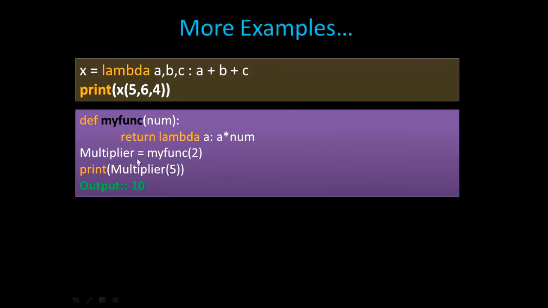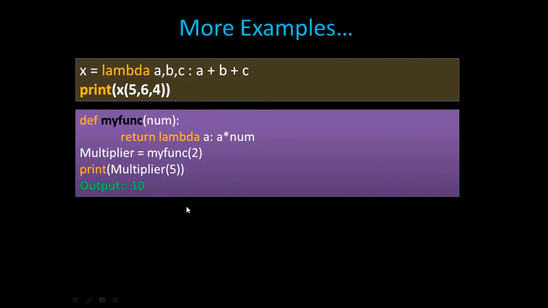Now when we call our outer method my func and pass 2, then 2 goes to num, and now in the multiplier we can pass our other argument, that is a. Now it will return 2 into 5, that is 10.